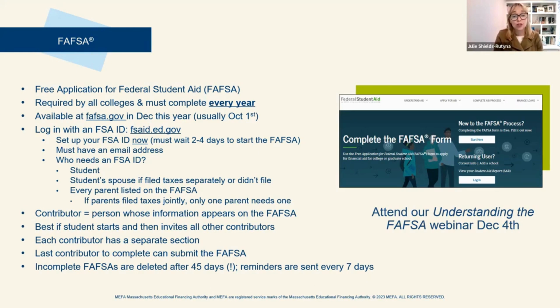One thing to note also is that you need to do that all within 45 days. So if a student starts a FAFSA, make sure it all moves along so that you won't have to restart. I will also advise that you attend our Understanding the FAFSA webinar on the MEFA website. You can find that, and that's going to be on December 4th.